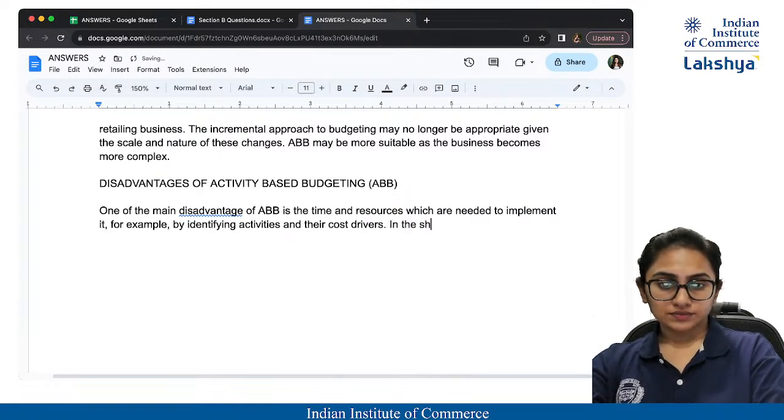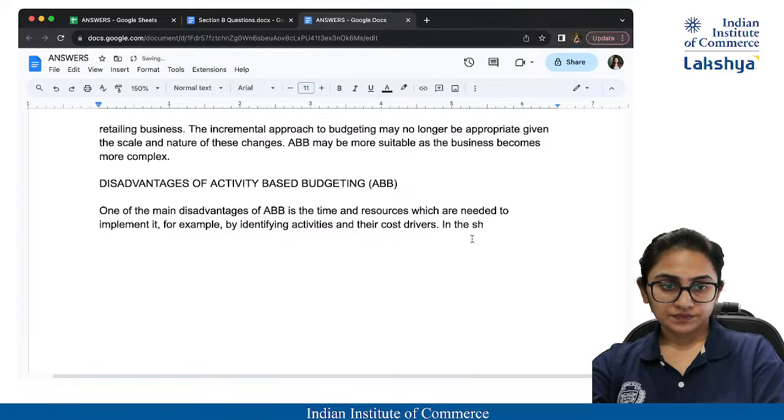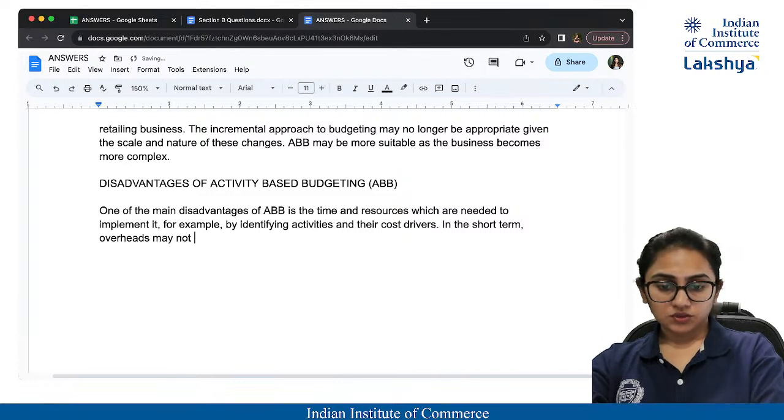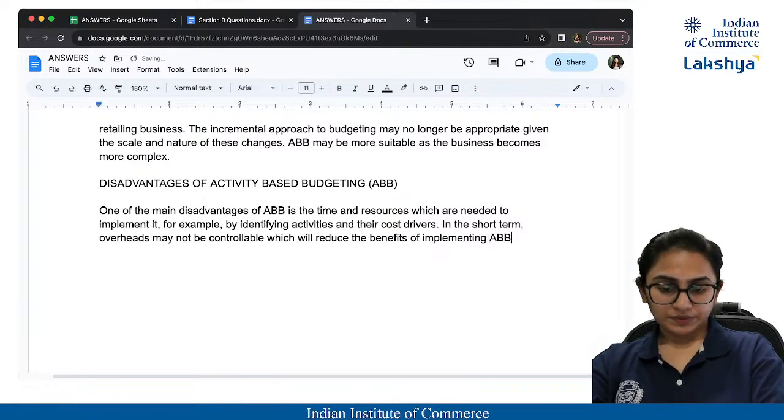In the short term, overheads may not be controllable, which will reduce the benefits of implementing ABB.